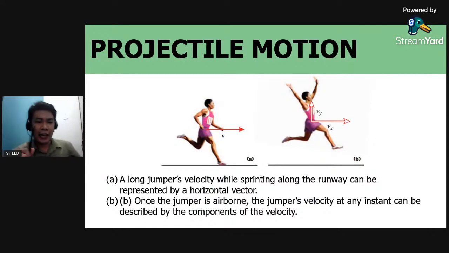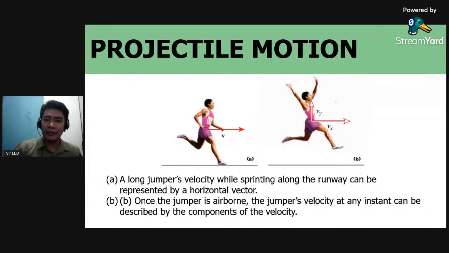For letter A, a long jumper's velocity while sprinting along the runway can be represented by a horizontal vector. That means the sprinter is running horizontally. Now, once the jumper is airborne, or when the jumper starts jumping, the jumper's velocity at any instant can be described by the components of the velocity.